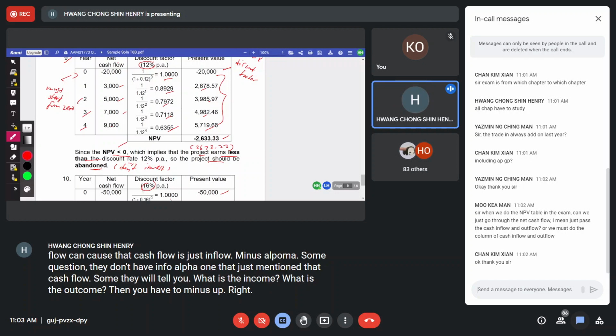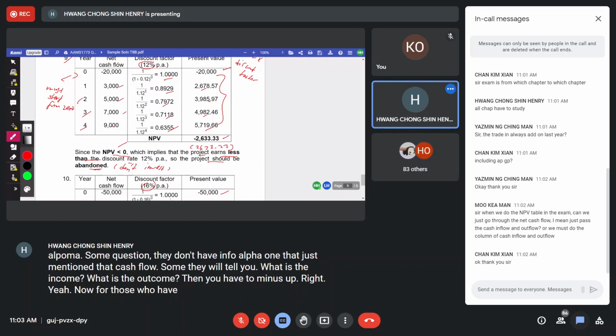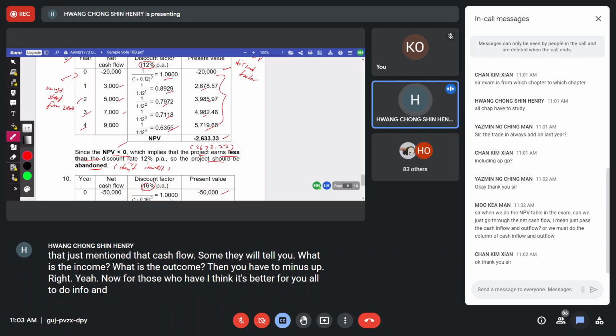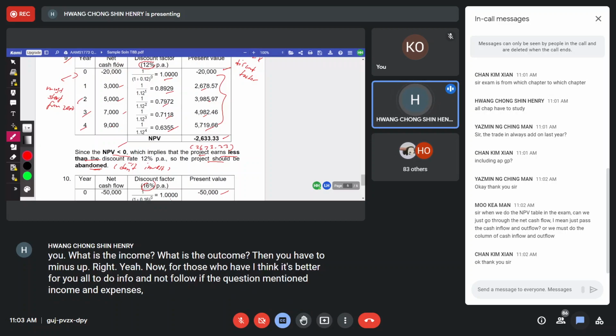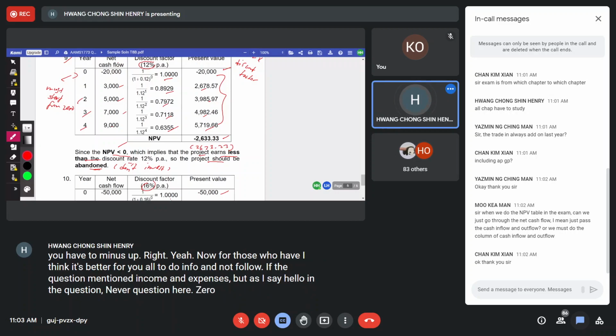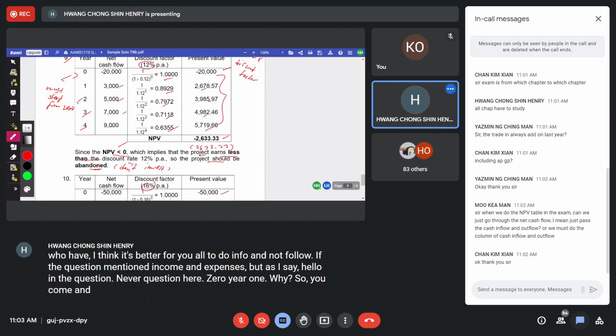It's better for you all to do inflow and outflow if the question mentions income and expenses. But if the question never mentions year 0, year 1, what's your income and outcome, then you no need to show, just straight away show the net cash flow.